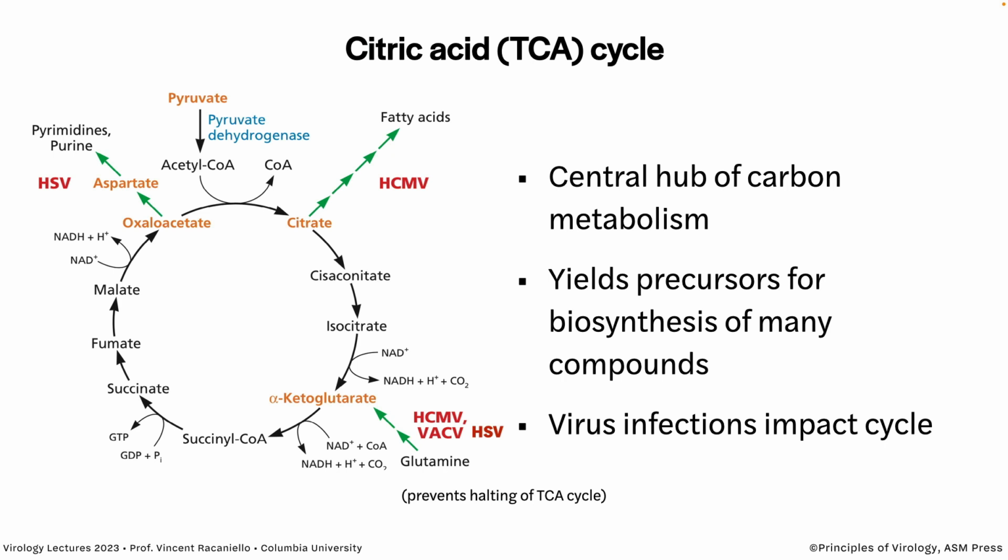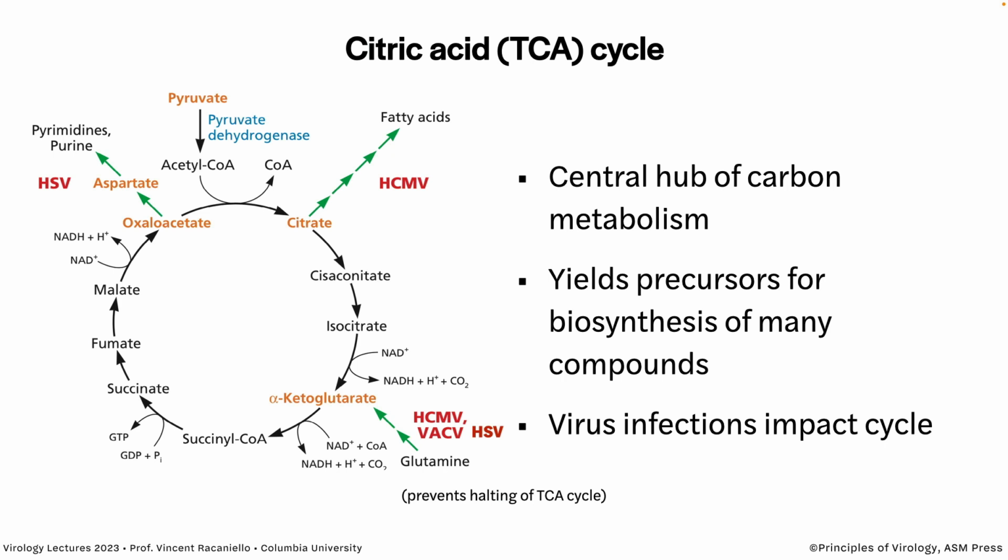For example, just showing you here, these are a couple of herpes viruses and vaccinia virus. So cytomegalovirus pulls off citrate here to make fatty acids. So it would normally halt the cycle, but it pulls in glutamine to alpha-ketoglutarate to make up for the loss of citrate. And herpes simplex does the same thing.